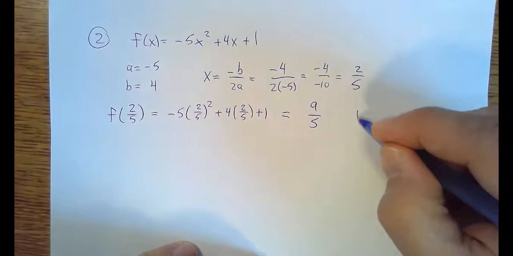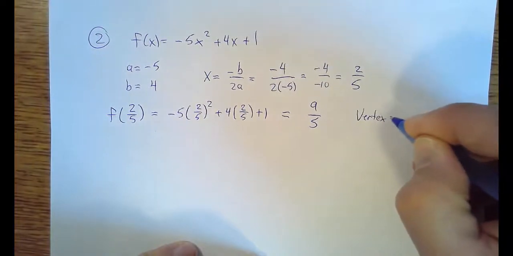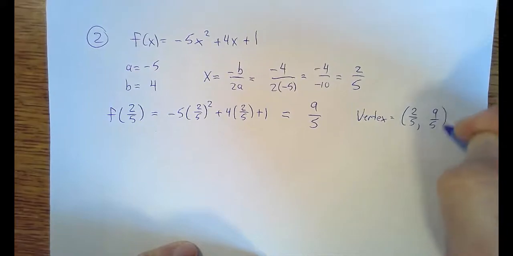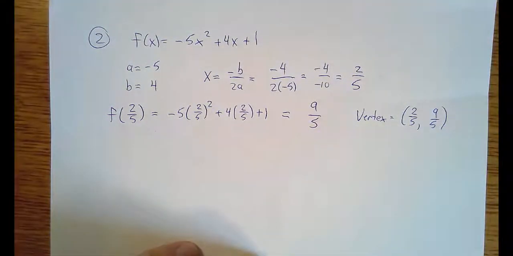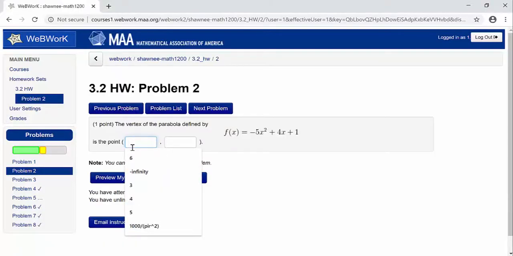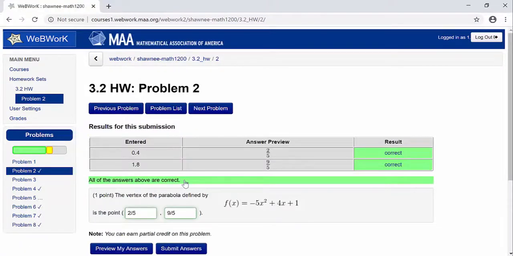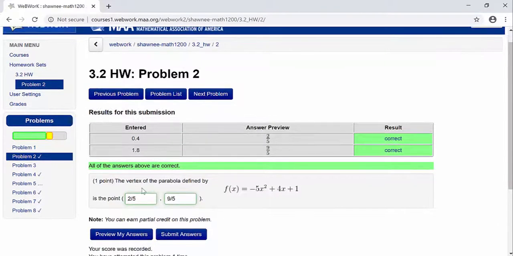So the vertex has coordinates 2/5 comma 9/5. So when I enter my answer, I can write it as 2/5 comma 9/5. You could also write this in decimal form as 0.4 and 1.8.